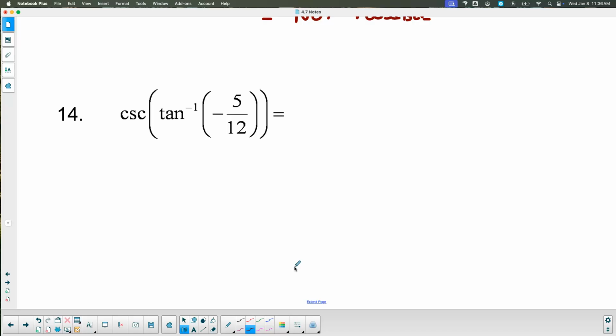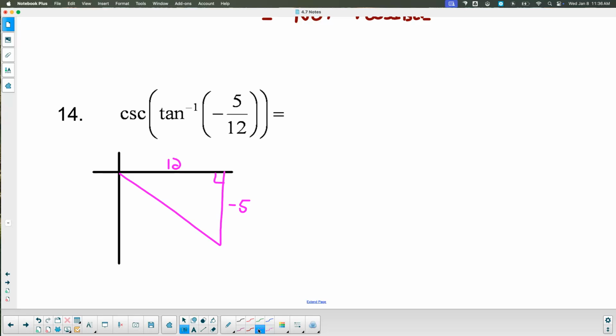Cosecant of tangent inverse of -5/12. Tangent, so that's going to be opposite over adjacent. What's my missing side? 13?